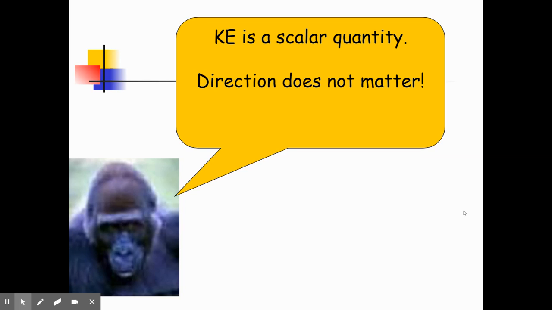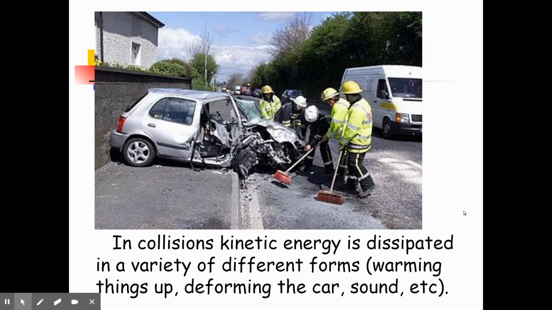So the direction really does not matter. In a collision, for example, in a car crash, your kinetic energy is dissipated in a variety of different forms. You could warm up the car, you could warm up the roadway, there could be friction, the car could get smashed up, there's going to be some sound, etc., etc.